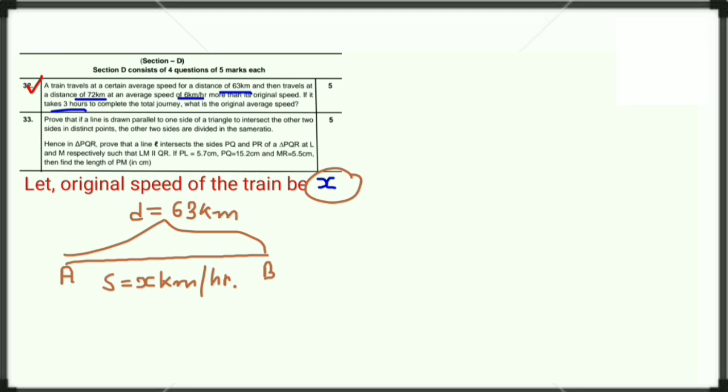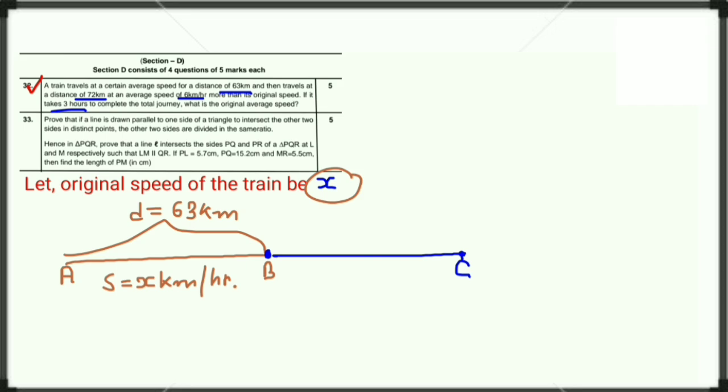Again, it travels from point B to point C with an average speed of 6 km per hour more than its original speed.